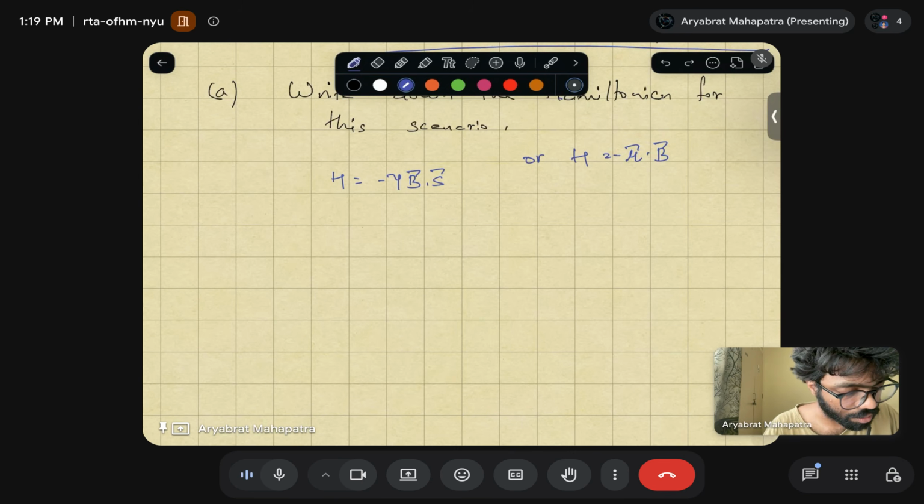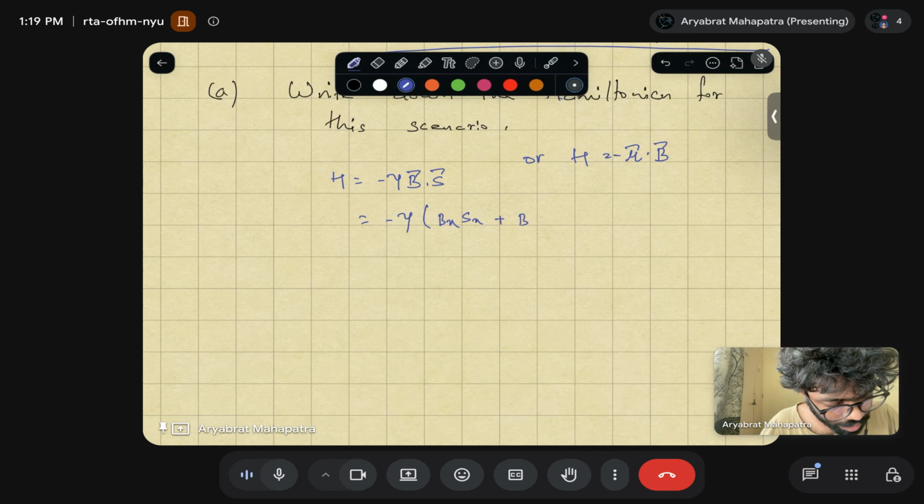So here H is minus gamma B dot S. Taking the dot product component-wise, you will have Bx Sx plus By Sy plus Bz Sz.